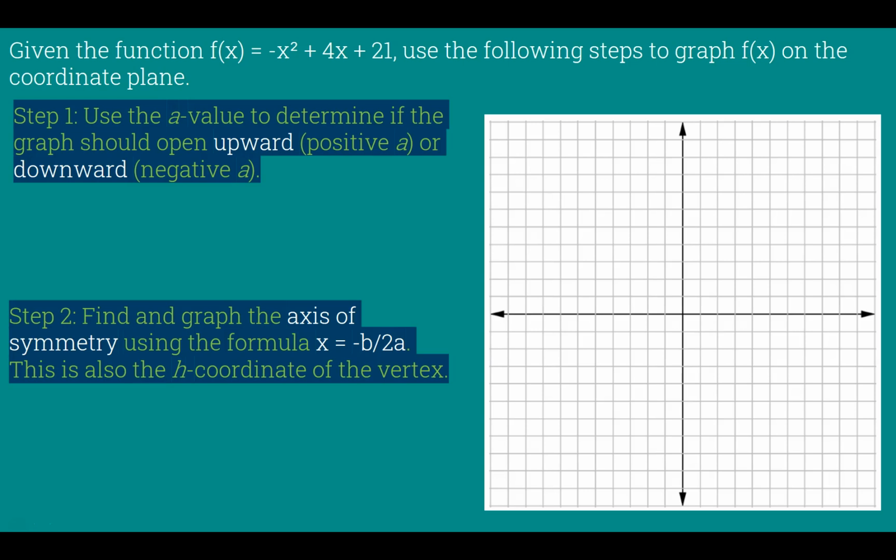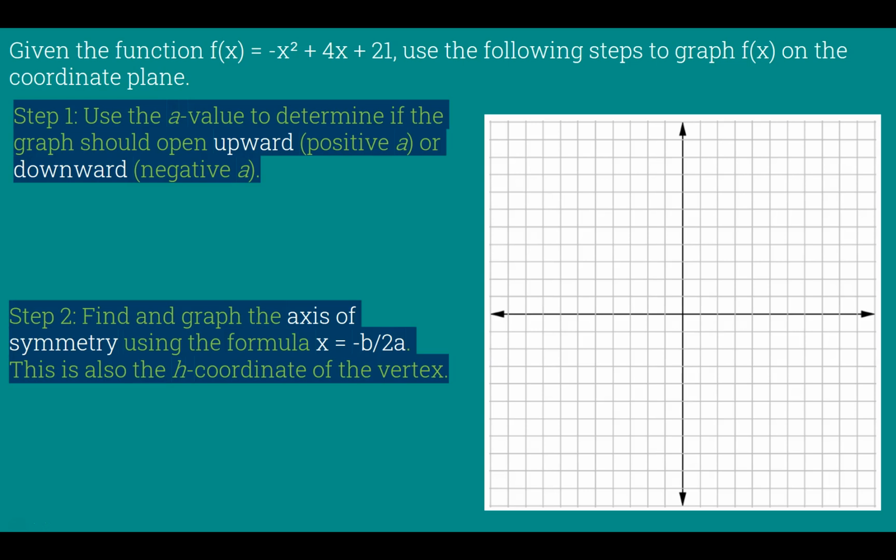So what is my A value going to be this time? Negative 1. Good. What is my B value? 4. And what is my C value? 21. Good. Always label those first. It will make life easier for you.